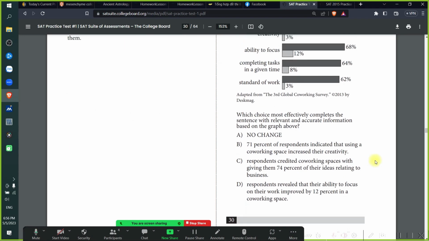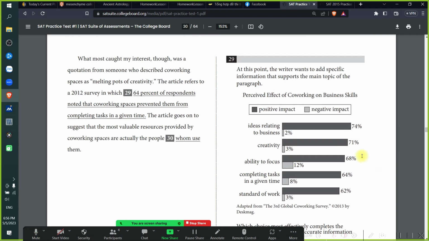So 29. Ở cái điểm này, cái người viết muốn thêm cái thông tin cụ thể mà nó ủng hộ cái chủ đề chính của cái đoạn. Nó nói về tác động có thể nhìn thấy được về chuyện làm việc cùng nhau trên cái kỹ năng doanh nghiệp, vận hành doanh nghiệp. Positive or negative impact, tác động tiêu cực hay tích cực nè.